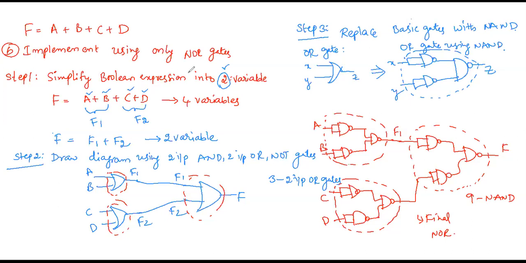Okay. For implementing using NOR, step 1, step 2 common. There is no change in step 1 and step 2. Only step 3, replace basic gates with NOR. Only you have to change step 3.